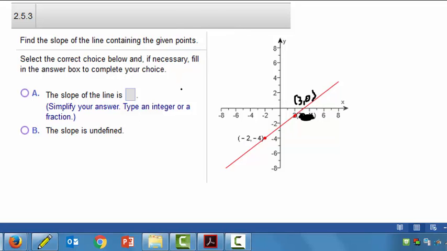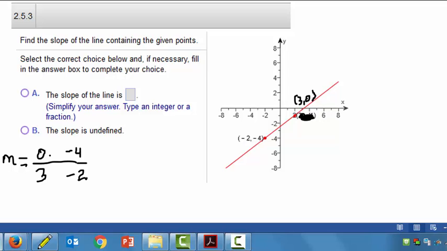And so to find the slope, I do what we just did. One of my points is x2, y2. So I'm going to say y2 is 0, x2 is 3, y1 is negative 4, x1 is negative 2.